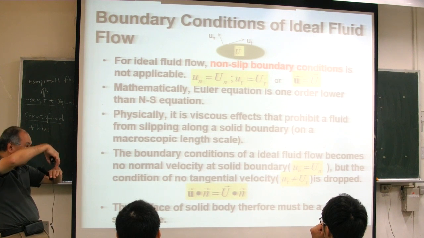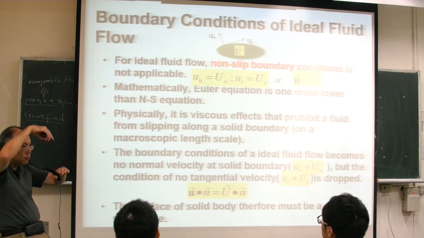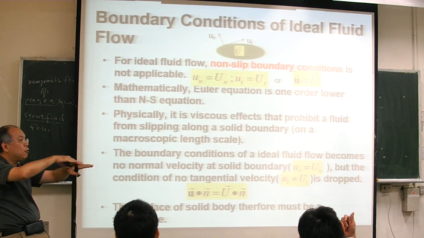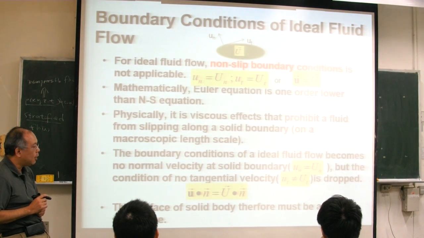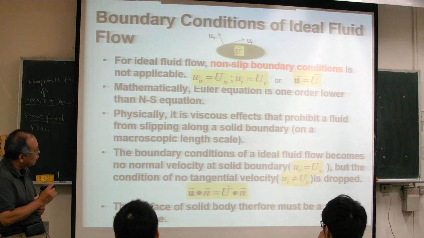That's only true for inviscid flow. The boundary condition means there is no flow across the boundary, right? But the flow can be tangential to the boundary with a velocity. This velocity will not be equal to 0 because we don't have any viscous effect to confine it.